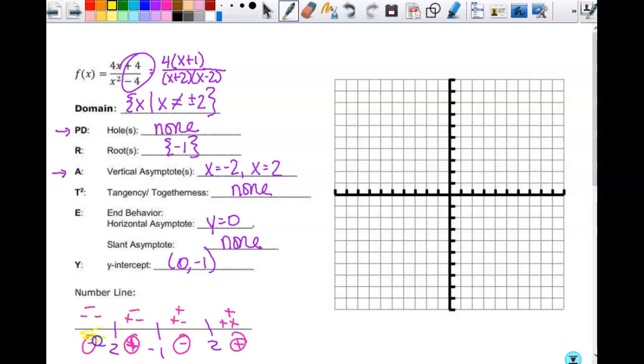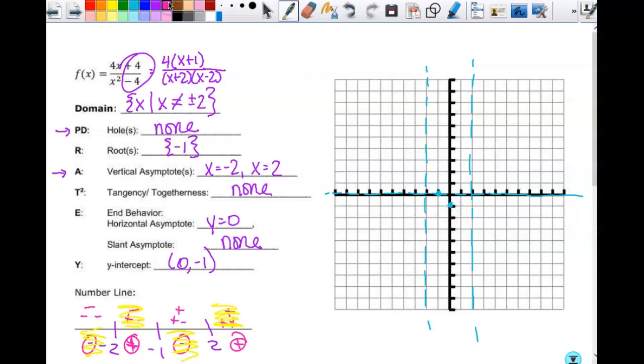So this is negative, positive, negative, positive. All right, so now to graph things over here, I have a root at negative 1, vertical asymptotes at negative 2 and at 2, a horizontal asymptote at y equals 0, and then a y-intercept at 0, negative 1.